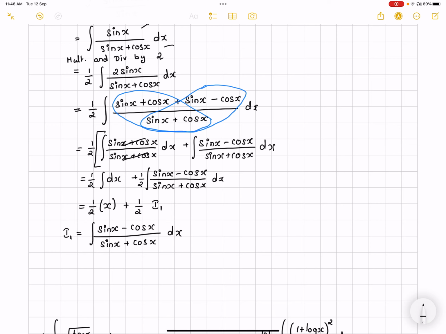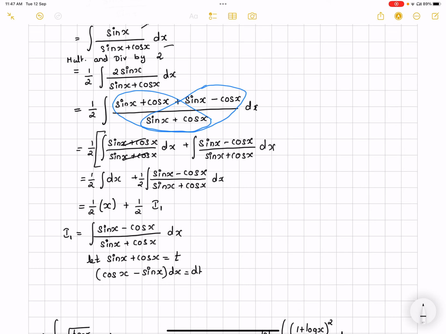Okay. Now let's go with the integration. So substitution method. I would be considering sin x plus cos x is equal to t. So when I'm differentiating, I get cos x minus sin x and then dx is equal to dt. This is what I get.